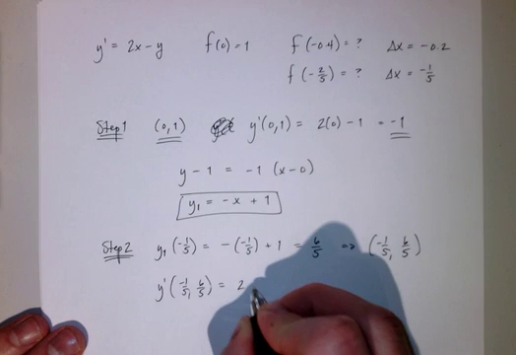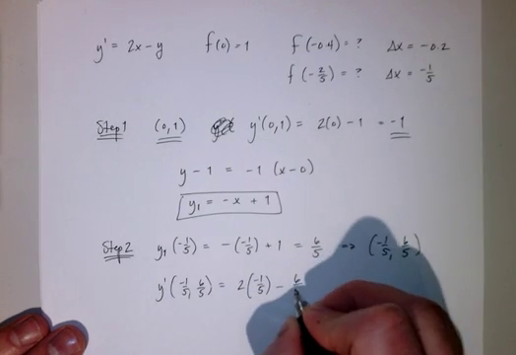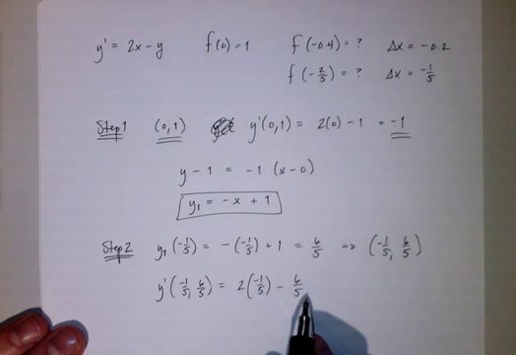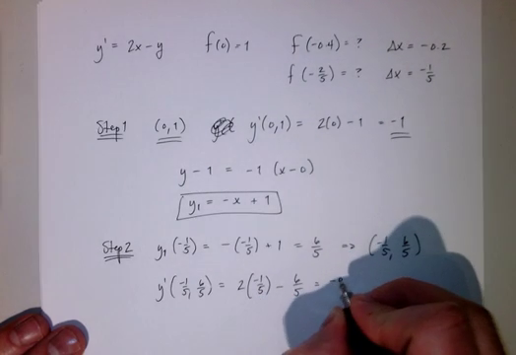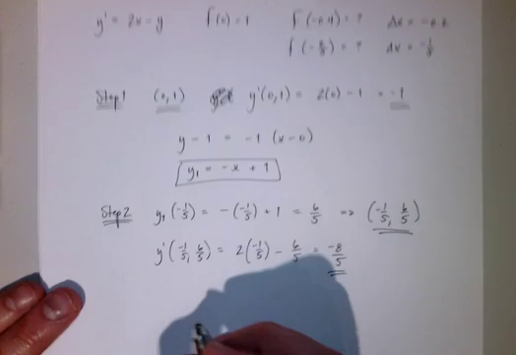So I know it's going to be 2x minus y, that's -2/5 minus 6/5, or -8/5, point slope.